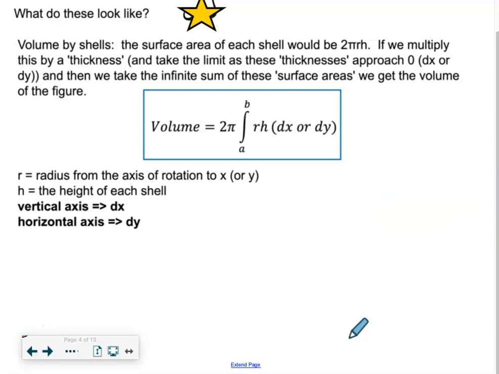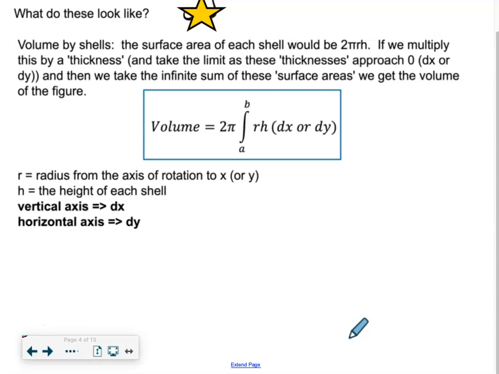All right, so the trickiest part of shell is finding the radius. And it's actually super easy. People want to make it more complicated. That's why it becomes tricky, because everyone thinks the radius is harder than it is. The radius is actually really easy, but it takes getting used to. And once you get used to it, you're like, okay, this is super easy. And then the height is very normal.